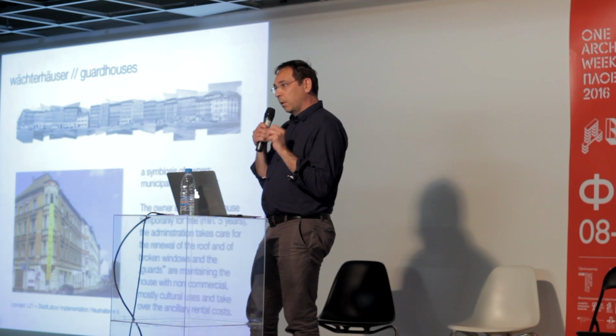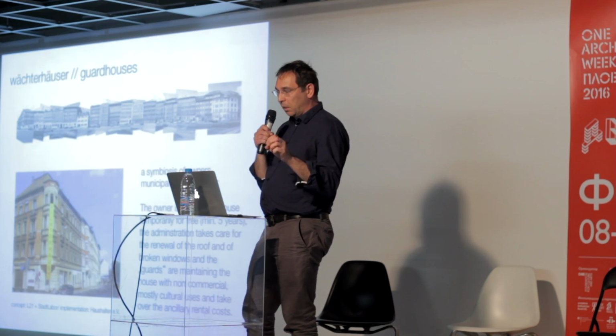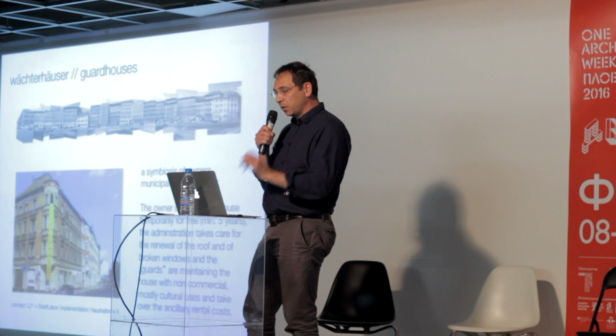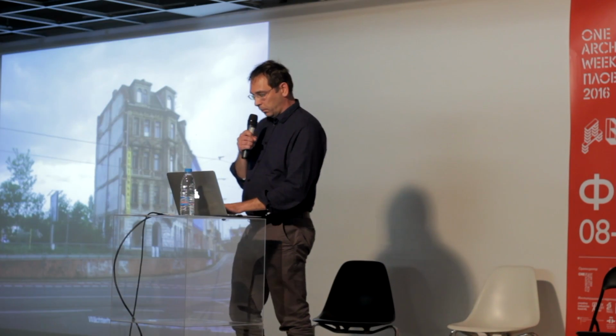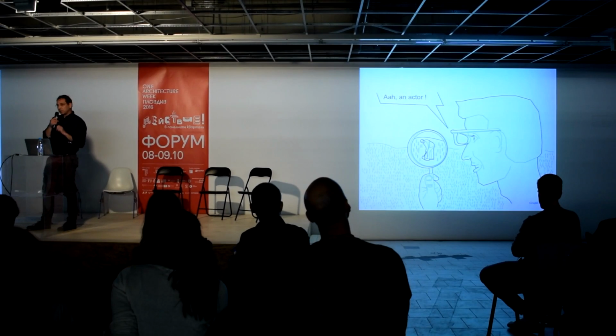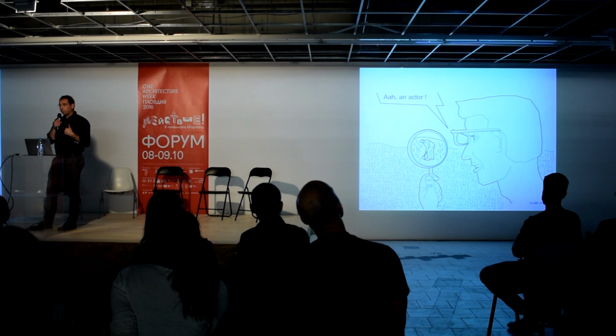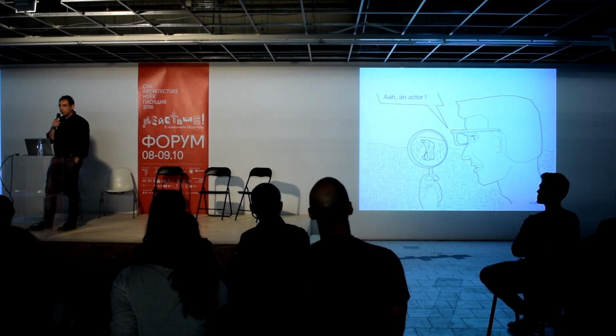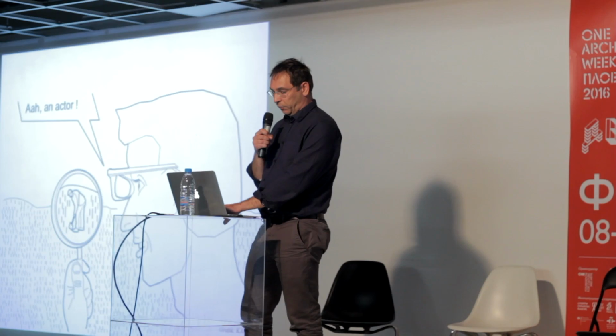What we learned in these first years, and this is another photo of these guard houses, is that we should intervene in the system and make a shift in perspective. Not planning from the top down with aesthetics, but looking at who is active in the field, and what the producers have already done, and embedding it in projects.